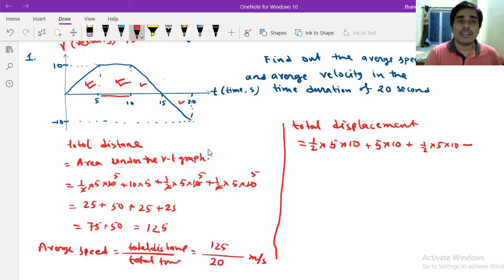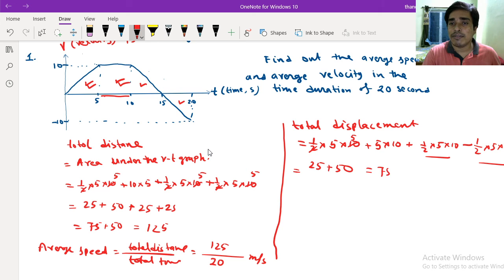When you calculate displacement, it will be a minus value, so it will be minus half into 5 into 10. This will cancel out, so it will be 25 plus 50, so it will be 75.